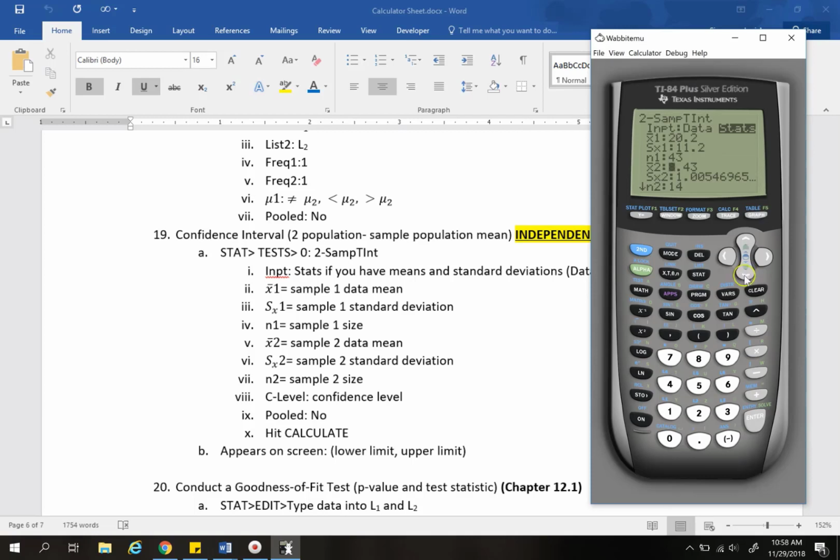And then in group 2, we had a mean of 2.8, standard deviation of 16.5, and we had 22. We're doing a 95% level of confidence, pooled, no, and then hit calculate.